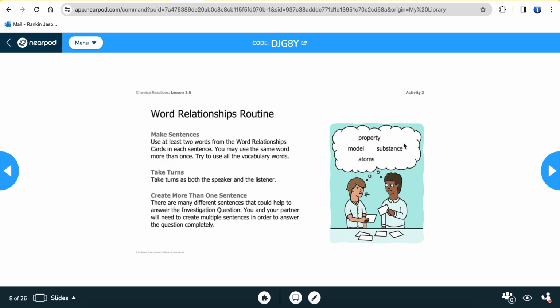All right, so we're going to have to use these words in our sentence or sentences. So think about some ways you can utilize these words. All right, and pause it. And then once you have some sentences, you could unpause and listen in.